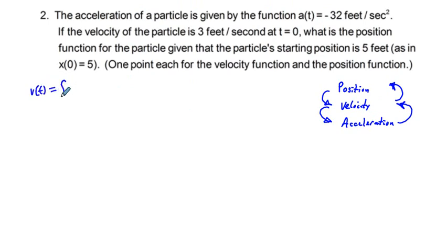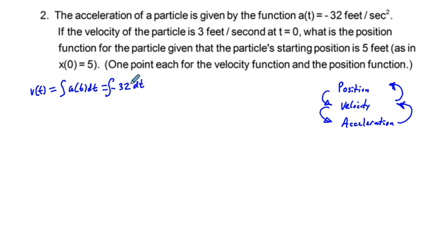is equal to the integral of a of t dt, which in our instance here is going to be negative 32, and the units feet per second squared. So it'll be the integral of negative 32 dt.